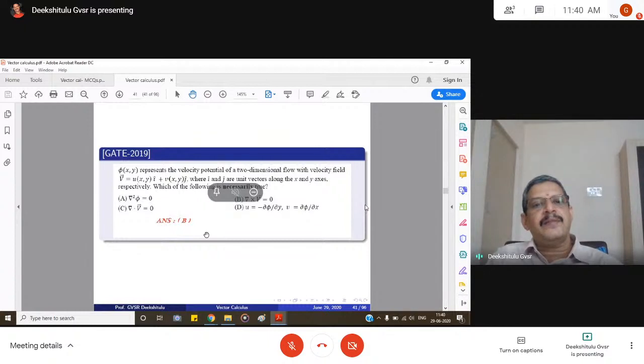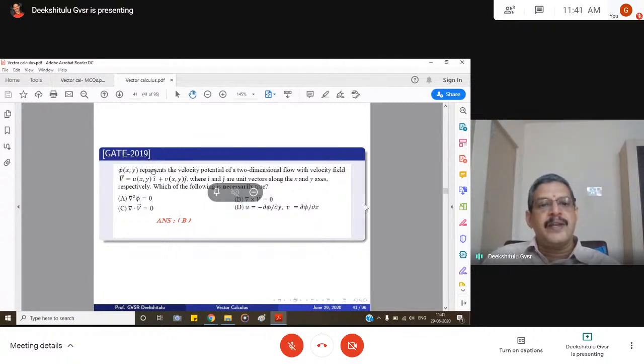And GATE 19 problem, we have phi of xy represents the velocity potential of a two-dimensional flow with velocity field u of xy i plus v of xy j in xy plane only. k is opposite. Which of the following is true? See, phi represents the velocity potential, scalar potential corresponding to velocity. So then v is equal to grad phi.